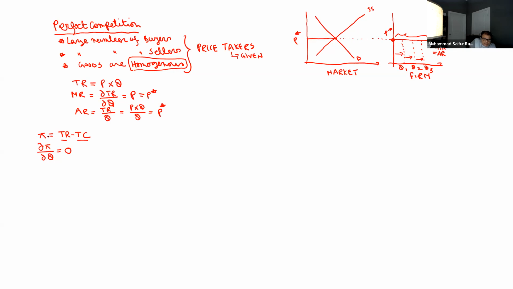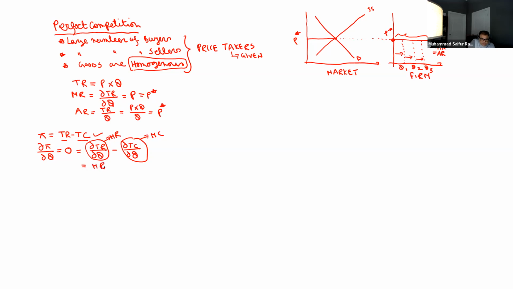The notation that I have just written is a mathematical interpretation of profit maximization, where we are differentiating the profit function with respect to Q. So if we apply the same rules of differentiation on the right-hand side of the profit function, we are going to differentiate total revenue with respect to Q, and then we are going to differentiate total cost with respect to Q. Based on our previous discussion, we know that the first term is our marginal revenue, and the second term is our marginal cost.